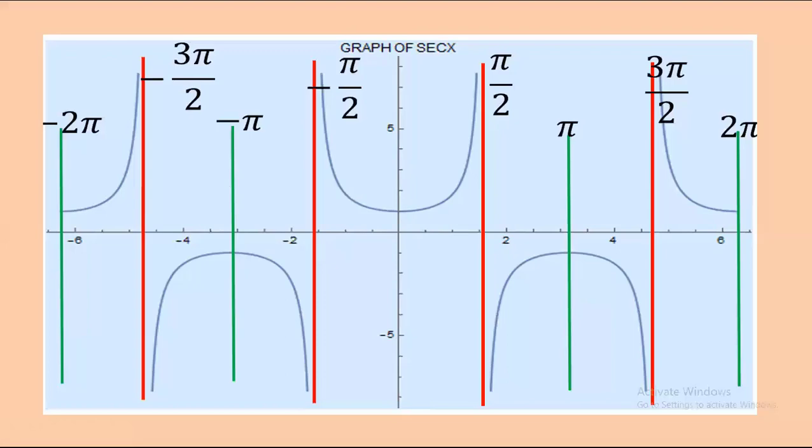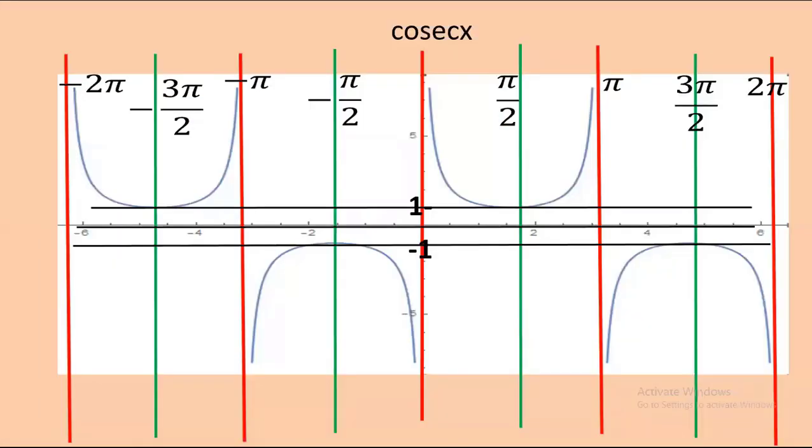Then the last one, about cosec. You see the domain and range are similar to the previous ones. The domain is similar to cot and the range is similar to sec. How do you see? For the domain, for 0 it is discontinuous, for pi it is discontinuous, for 2 pi it is discontinuous, for minus pi and for minus 2 pi it is discontinuous, as we got for the cot function.